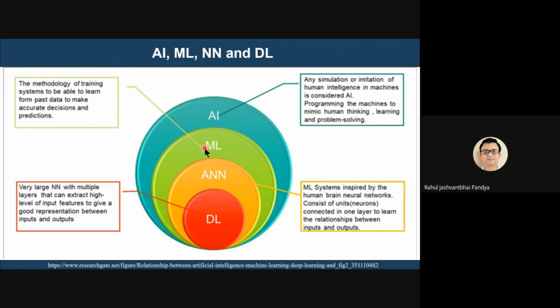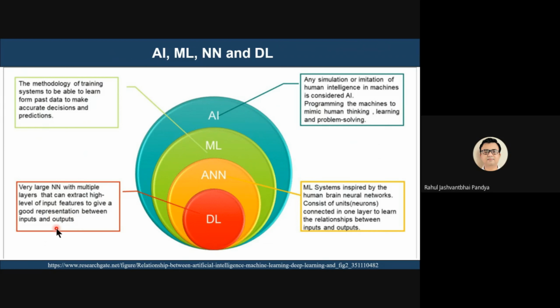A sub branch between deep learning and machine learning is introduced as artificial neural networks, where the ML systems are inspired by the human brain's neural networks, and they consist of neurons. They are connected in layers to learn the relationships between inputs and outputs. Whereas deep learning generally engages a large number of neural networks with multiple layers to extract higher level input features to give a good representation between input and output, right?